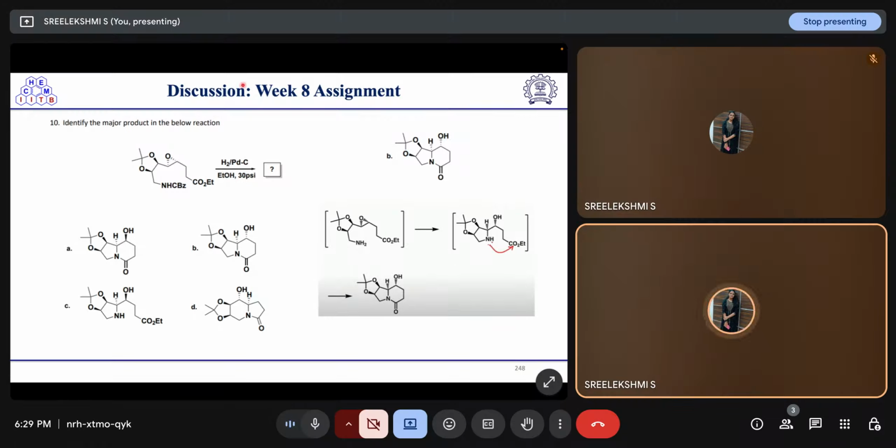So here, H2 with Pd/C will deprotect the Cbz group, so it will be a free NH2. That free NH2 will first attack at this epoxide center, and the epoxide will open to form this intermediate. Then again this free NH can attack at this carbonyl carbon, and lactam formation can take place to give this compound. So the correct answer would be option D.